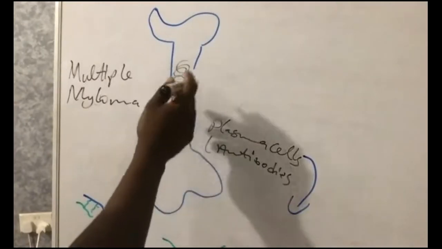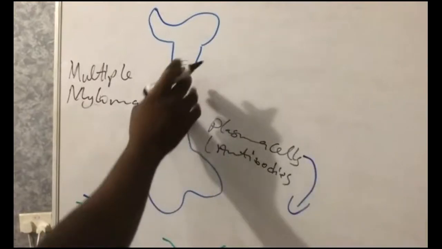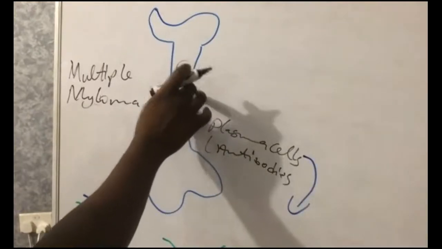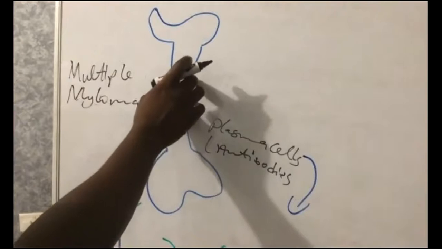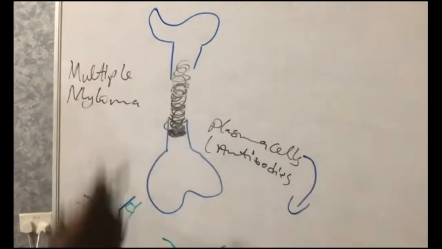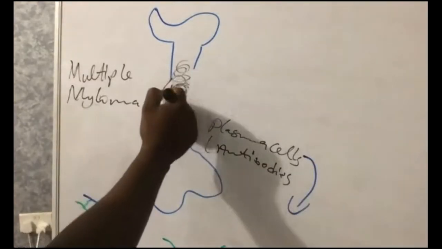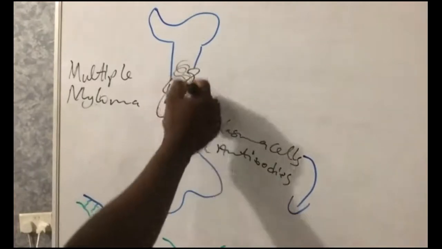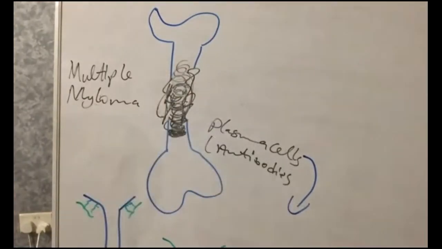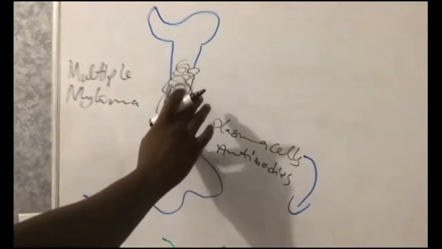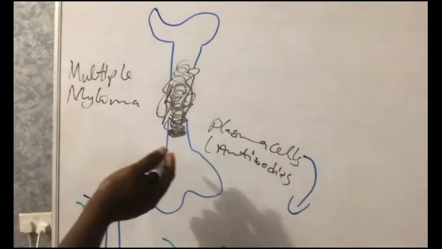Whilst they are destroying, they release a lot of calcium, and there will also be lytic lesions, fractures of the bones, and they can also lead to pain in the bone.